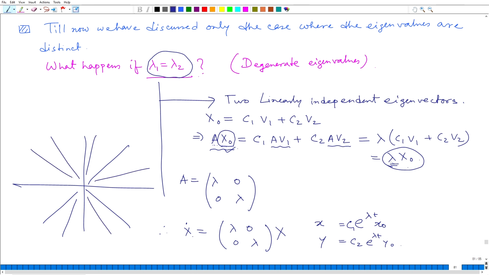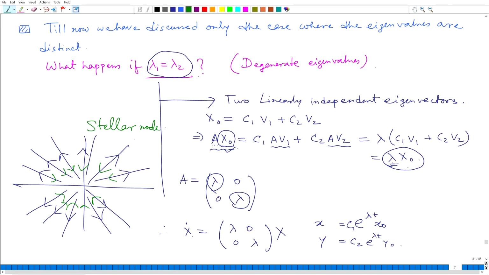You remember, and depending on the value of lambda, actually it can be outward, or inward. And this is known as the case of stellar node, a repeller.